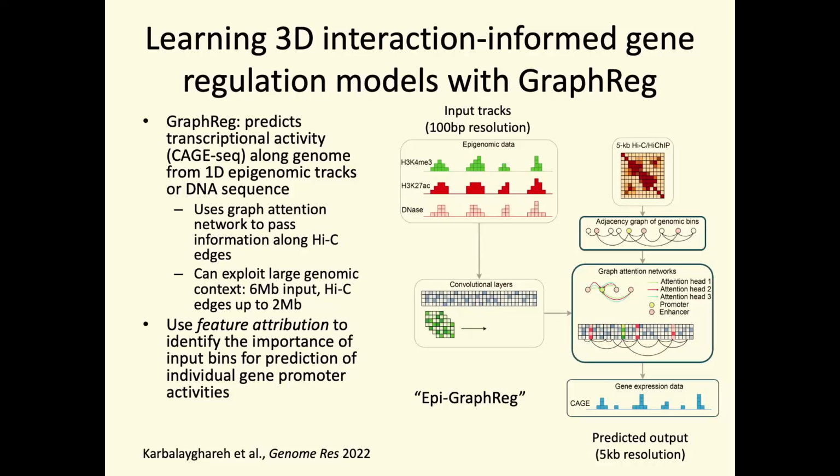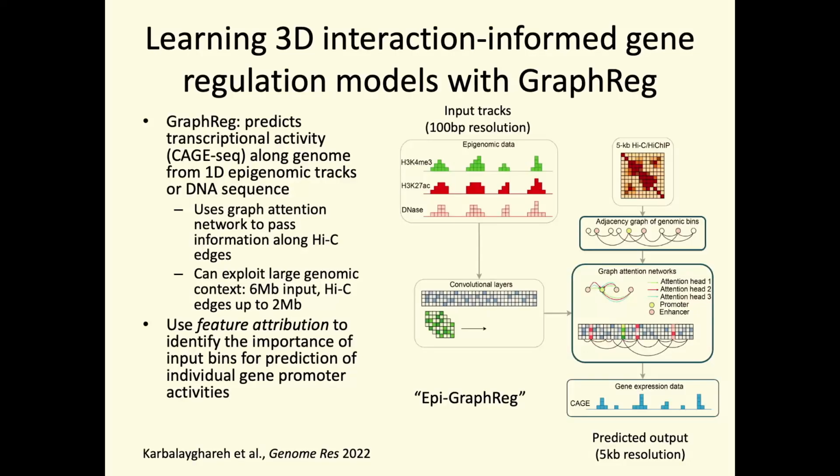I think it's kind of a nice midway point between models that predict everything, like AlphaGenome, and models that are very local. This is a large-scale model in terms of genomic context, but we're training just one cell type at a time. Okay, so the idea is we think of the genome as a sequence of bins with edges between them, right, that come from Hi-C.